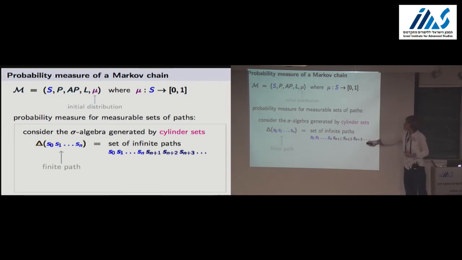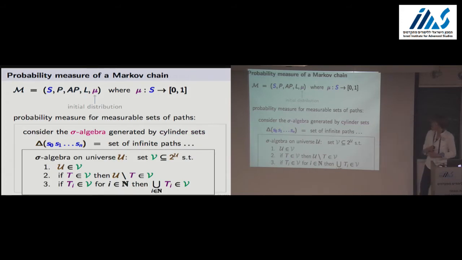Now, here I said we deal with the sigma algebra, and if you look at some book on measure theory or probability theory, you will find a definition like this. A sigma algebra on some universe, on some set U, is simply a collection of subsets of U, which contains the full universe and which is closed under complement and countable unions and countable intersections.